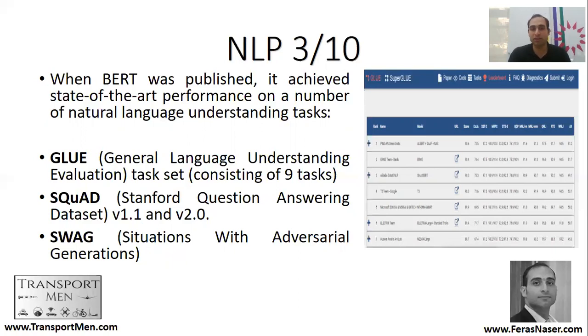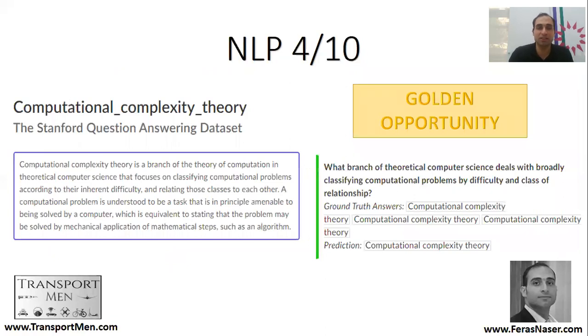The SQuAD, which is the Stanford Question Answering Dataset, will be very interesting. So this is the SQuAD. You will have a paragraph, and this is a paragraph about computational complexity theory, and you just need to ask a question. So the question: what branch of theoretical computer science deals with broadly classifying computational problems by difficulty and class of relationship? So that's the long question.